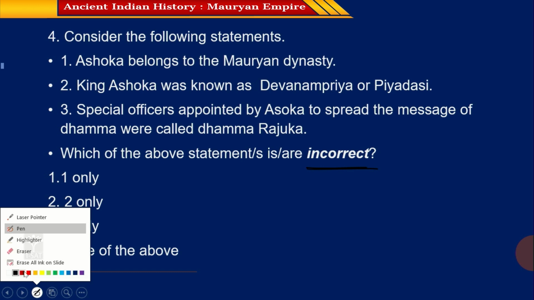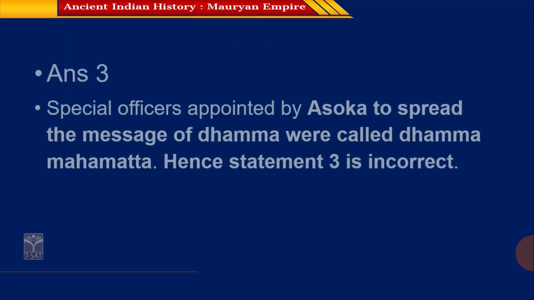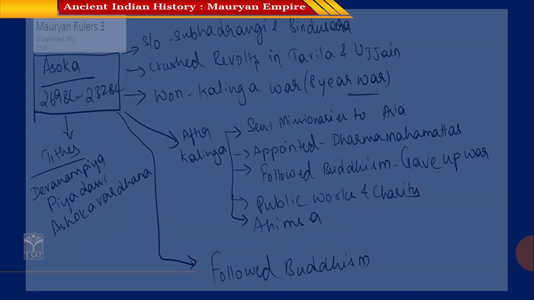So here, 1 only, 2 only, 3 only, none of the above. The answer will be 3 because the special officers who were appointed by Ashoka to spread Dhamma were known as Dhamma Mahamatta or Dhamma Mahamatras. Since the question is asking incorrect, the answer will be 3.